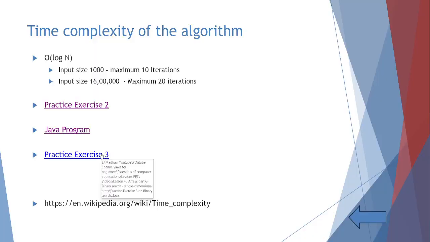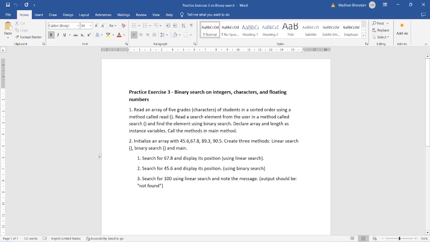Okay, let's see practice exercise 3. Read an array of 5 grades, that is characters, in sorted order in the read method and search an element in the search method. Find the element using binary search. Declare the array and the length as instance variables.